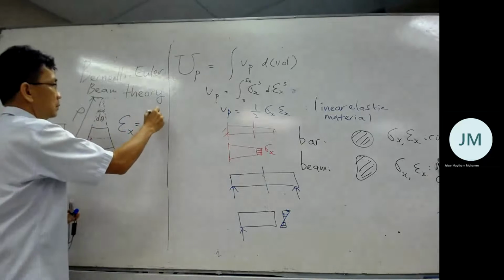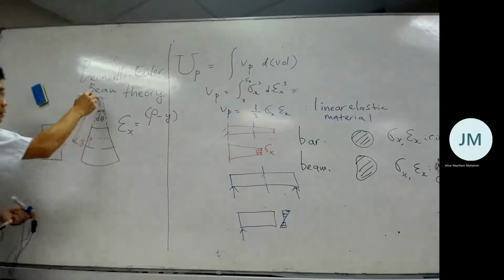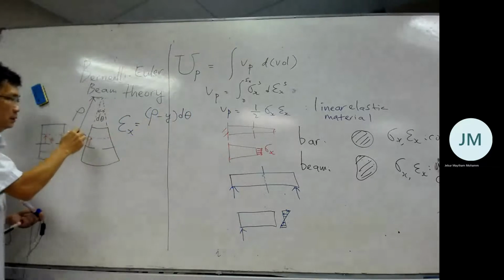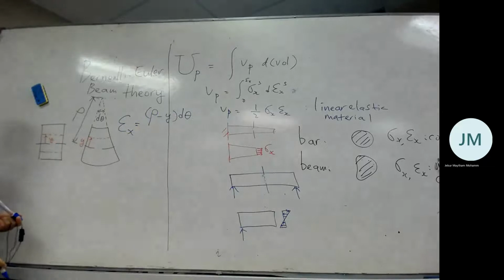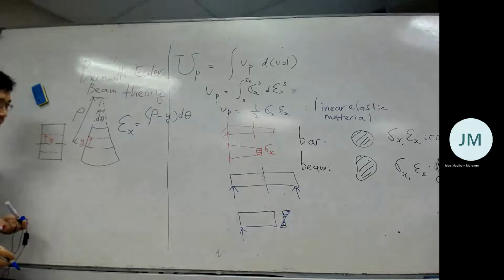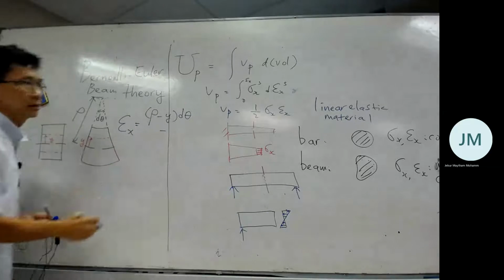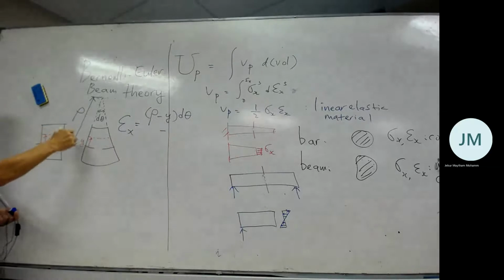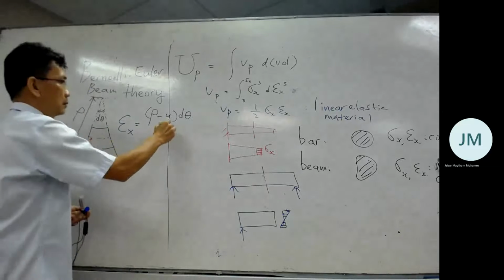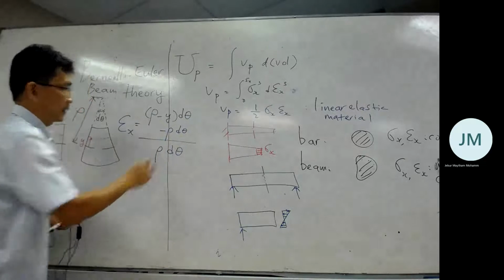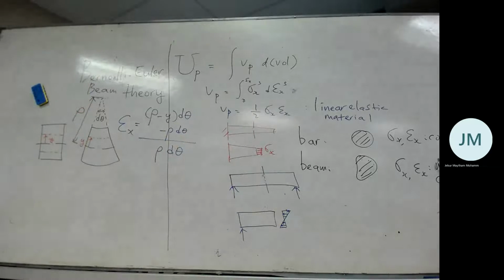So this one is rho minus y, which is this distance here, multiplied by d theta to give you this length. Then minus the original length, which is rho d theta, divided by the original length. So this gives us the strain. This is an axial strain at this point.